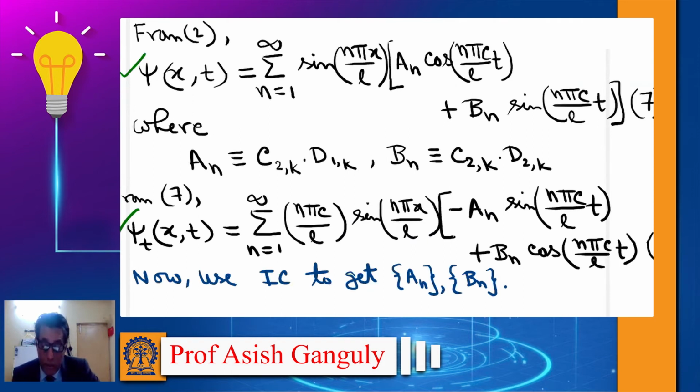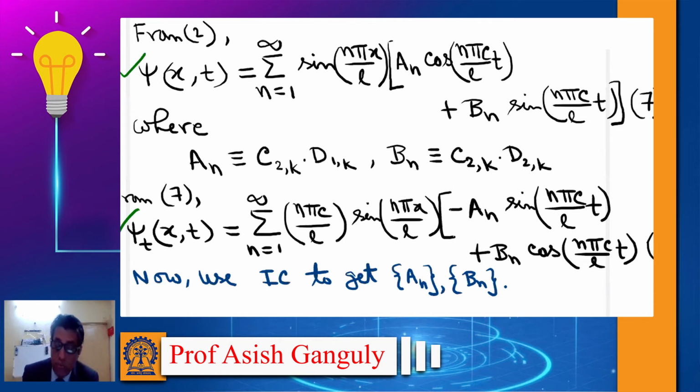In equation 7, there are two terms under the summation. The first term is with sine into cos, which I will name psi n1, labeled by n. The second term is sine(n pi x by L) into sine(n pi c by L t), which we will label psi n2.